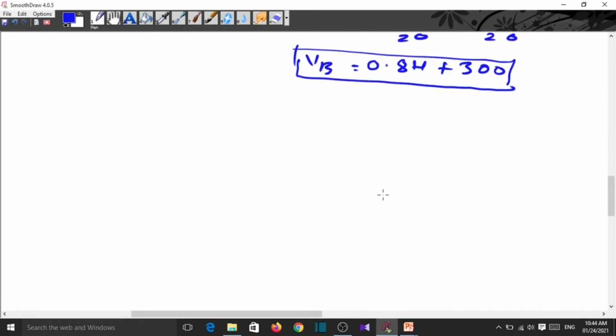Now here apply the sigma Fy condition, that is upward positive and downward negative. We know here upward is VA plus VB and downward is the UDL, that is 30 into 20, total load, that is equal to 0.